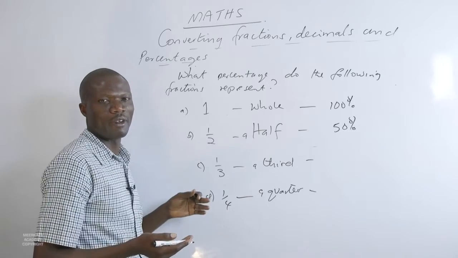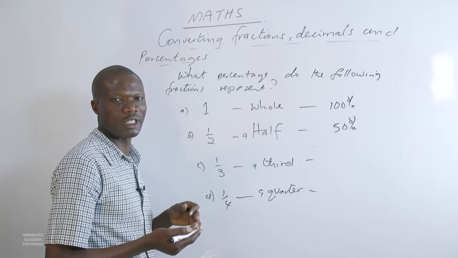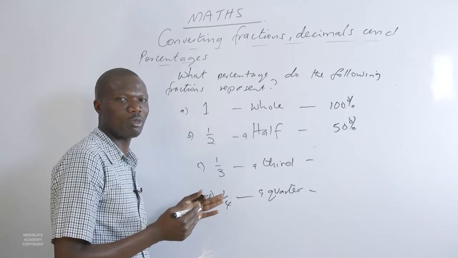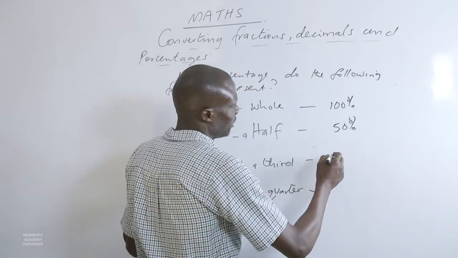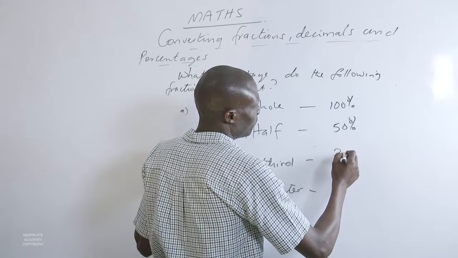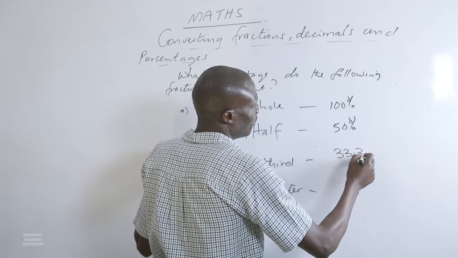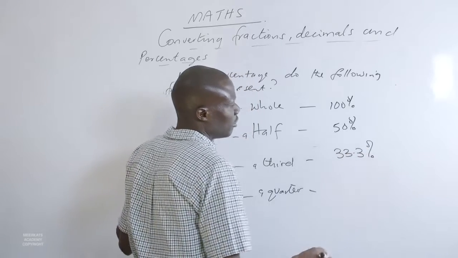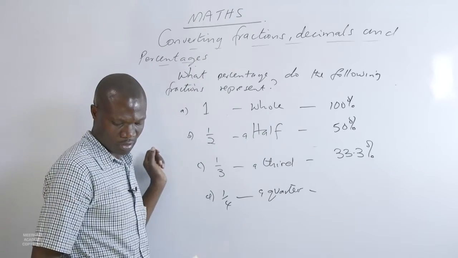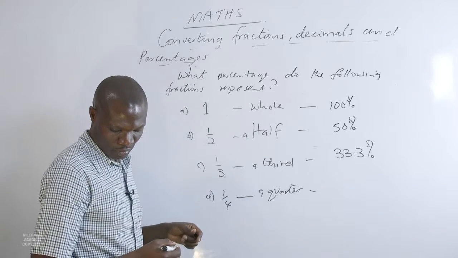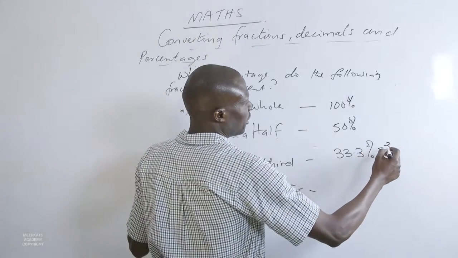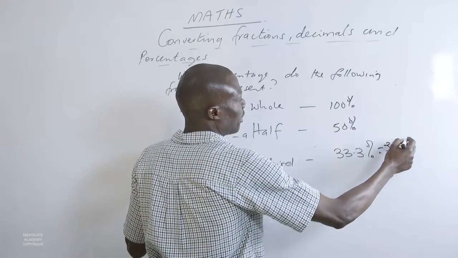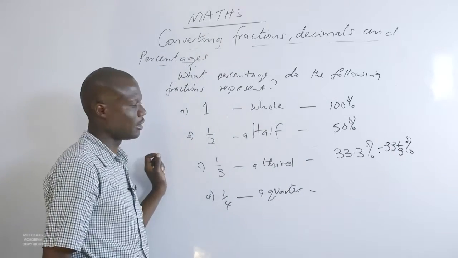A third is equivalent to what percentage? It will be a third multiplied by 100, which will be 33.3%, or you can also say 33.3%.